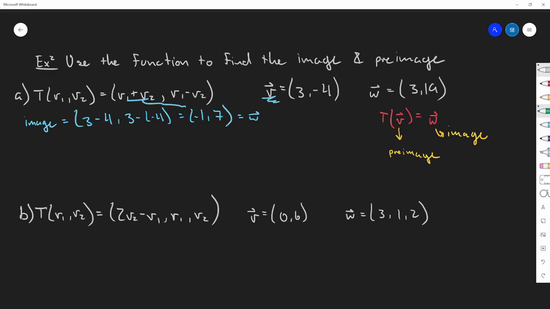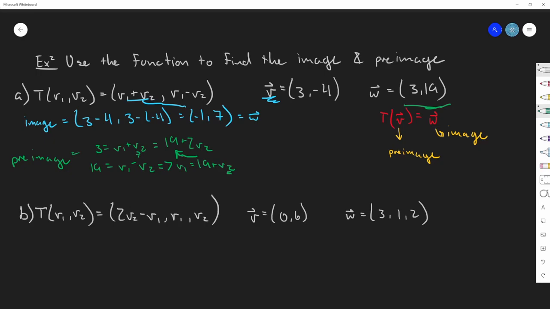And then our pre-image, well, you just work it backwards. We know that this is our image, and so we know that 3 is equal to v1 plus v2, and we also know that 19 is equal to v1 minus v2. We can do a little bit of manipulation and then substitution to get that our v1 is equal to 19 plus v2. Plug it back into the first equation, so we'll have 19 plus 2v2, because we got this v2 plus this v2, and it's equal to 3.